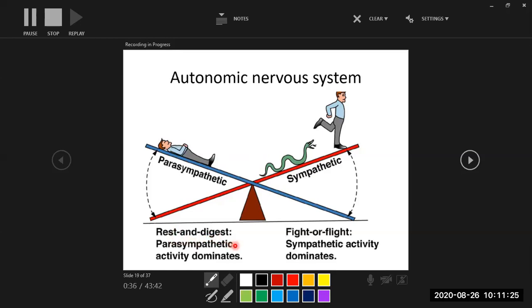The parasympathetic nerve will be activated. And at this moment, we will start to digest our food. It's time to enjoy the food, to eat the food, and also to prepare our body for growth and development. So we have two modes, and these two modes affect our cardiovascular system.